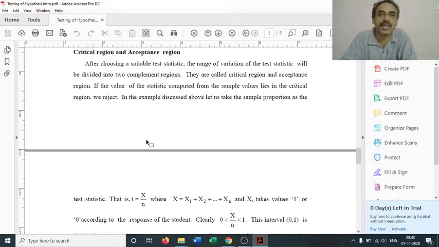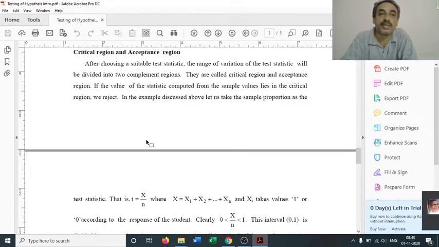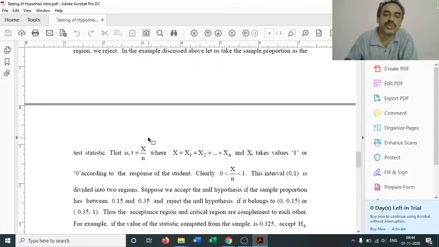If it appears in the acceptance region, we accept the hypothesis. Therefore, the rejection region, or critical region, is meant for rejecting the hypothesis, and the acceptance region is meant for accepting the hypothesis. Thus, the total range of the test statistic is divided into two sections.